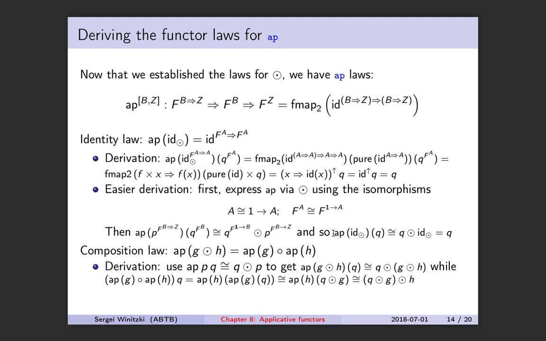And then everything becomes just very easy, because then app of identity on Q is Q composed with categorical identity, and that's just Q by categorical laws. So composition law, again, very easy. If we say app PQ is just QP, and we just rewrite that as QGH, and then this is rewritten as app of H of app of G of Q, which is app of H QG QGH.